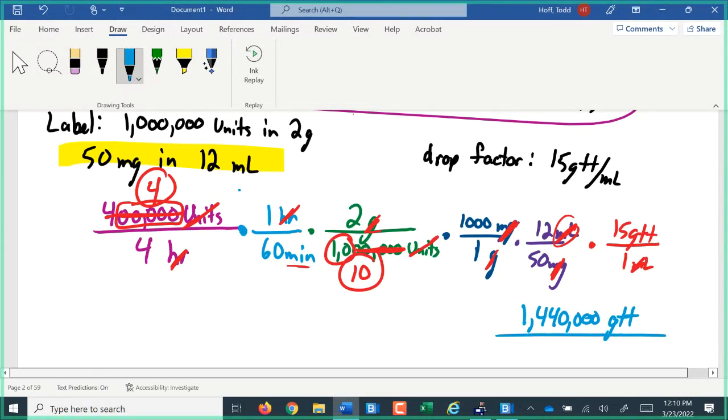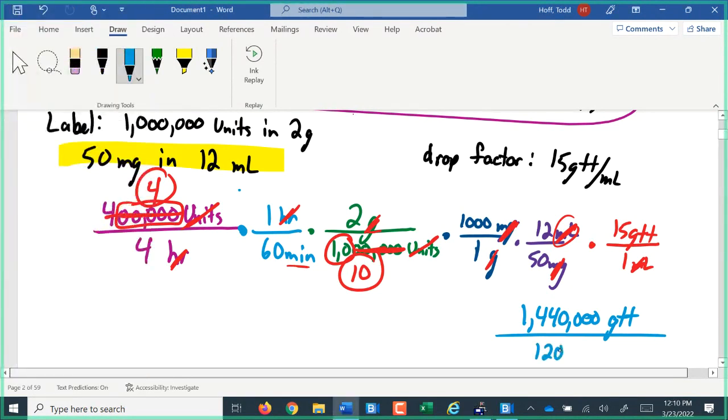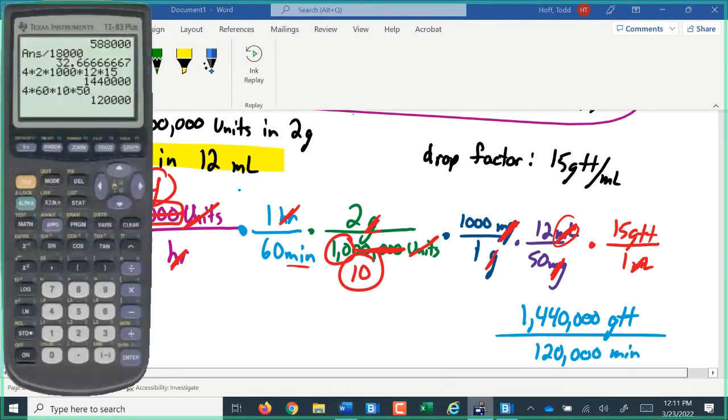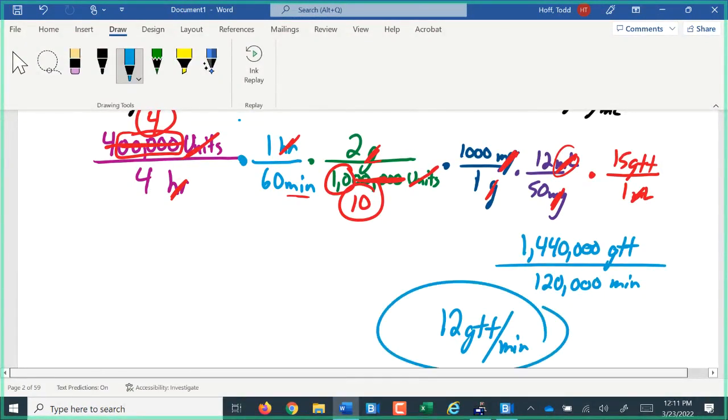We got 4 times 60 times 10 times 50 times 1 gives us 120,000 minutes. If we divide that out, 12 drops per minute is what we would set that up to flow into the patient to meet the doctor's order.